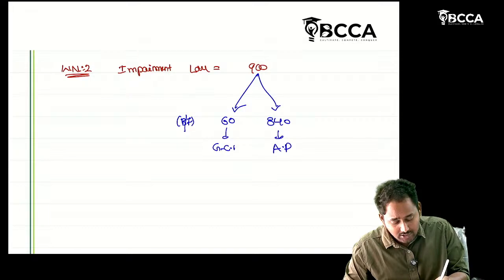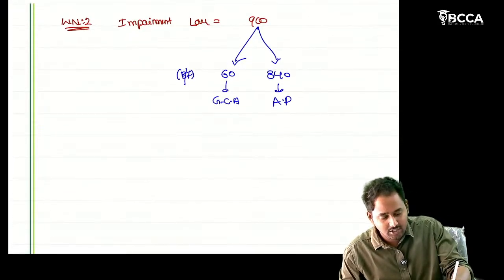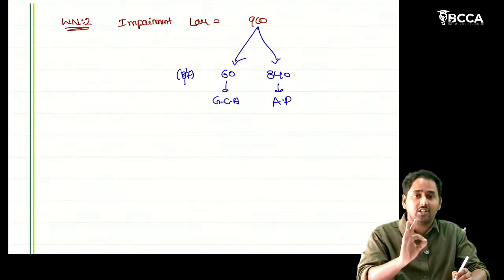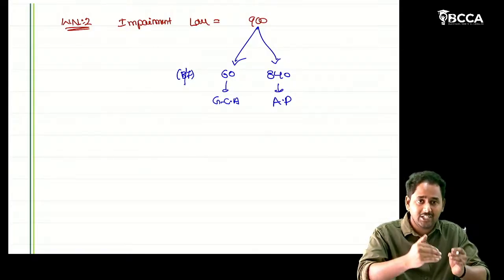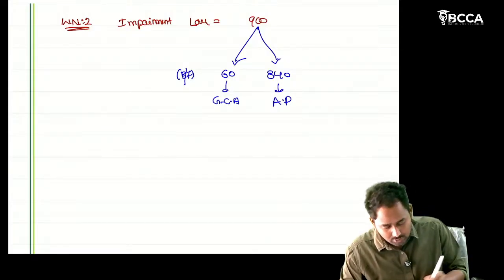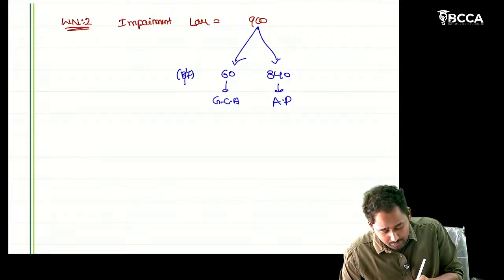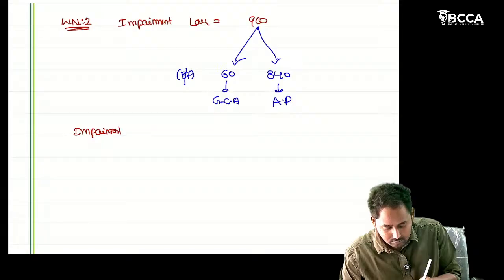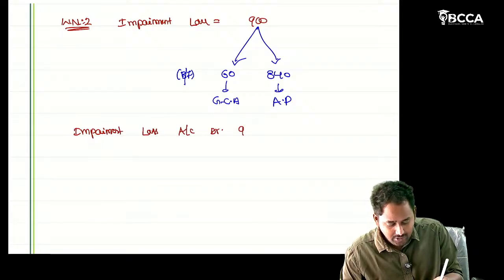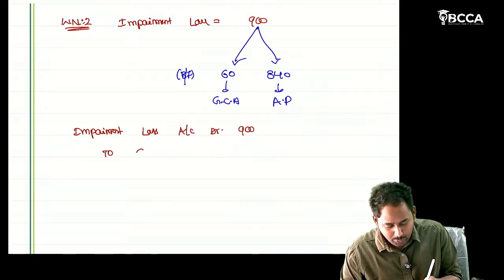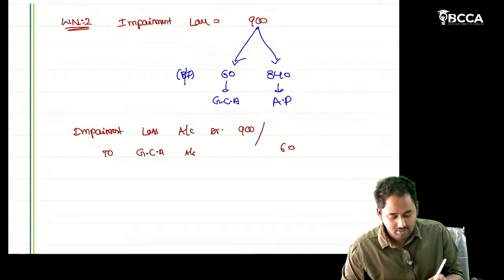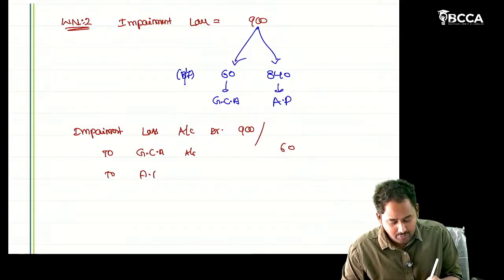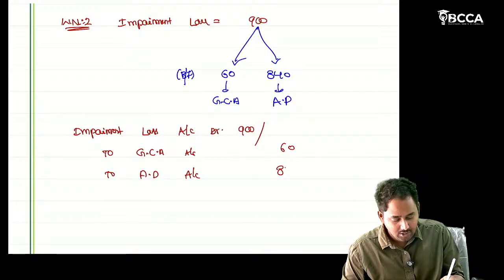60 gross carrying amount. Now please tell me the journal entry. Only after providing the journal entry can you get clarity whether we should deduct it or add it. It's an impairment loss, right? So impairment loss account debit 900, to gross carrying amount how much? It is 60. And what is the accumulated depreciation? 840.